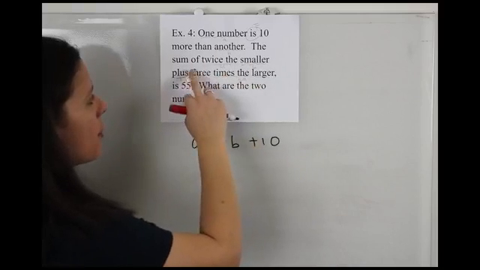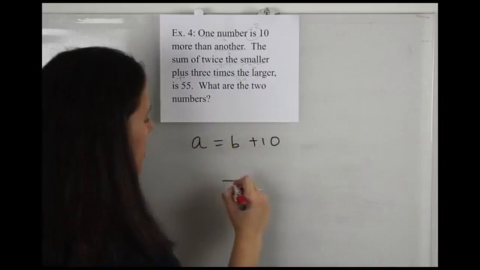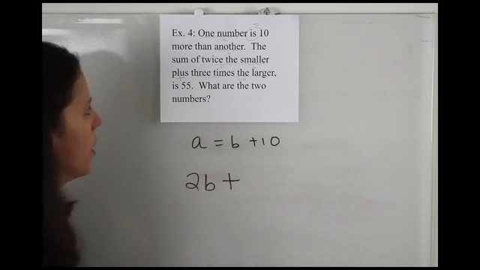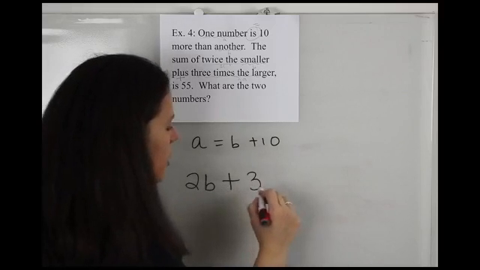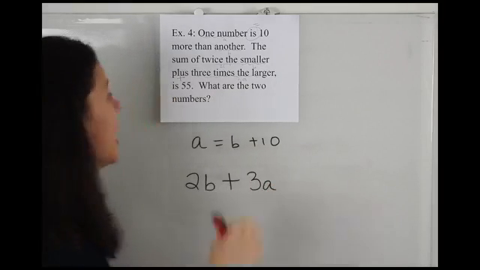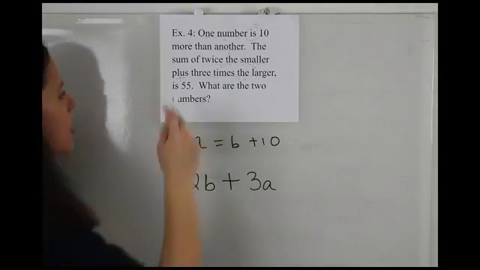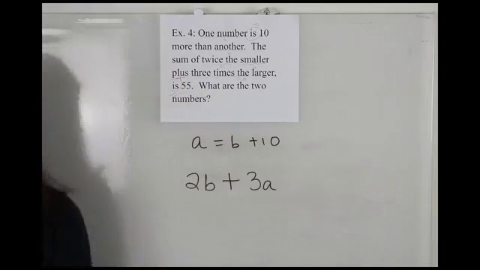The sum of twice the smaller number plus 3 times the larger number, which is A, is, an equal sign, 55.